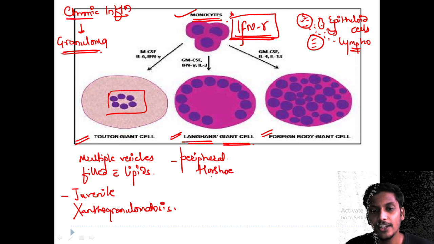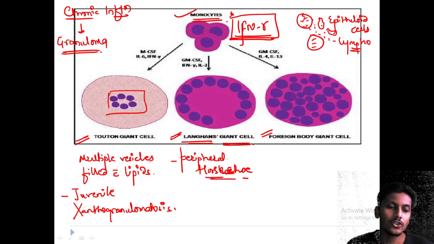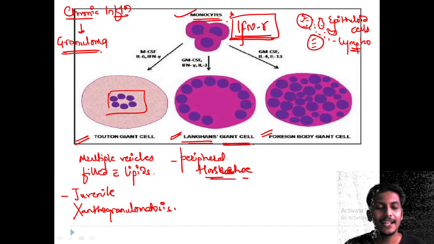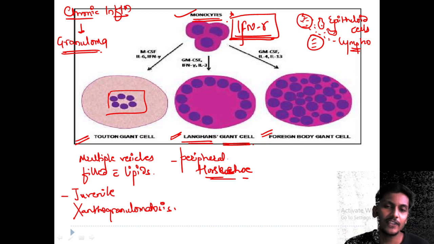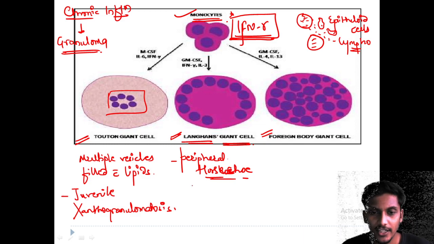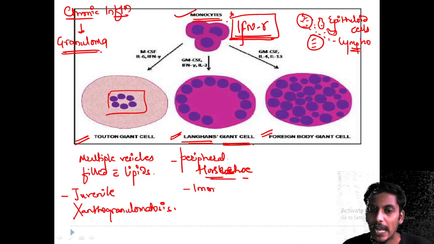How is the nucleus arranged? The nucleus is arranged in a peripheral fashion or a horseshoe fashion. Usually these Langhans giant cells are seen in some infective conditions or some non-infective conditions. They are usually seen in immune granulomas.